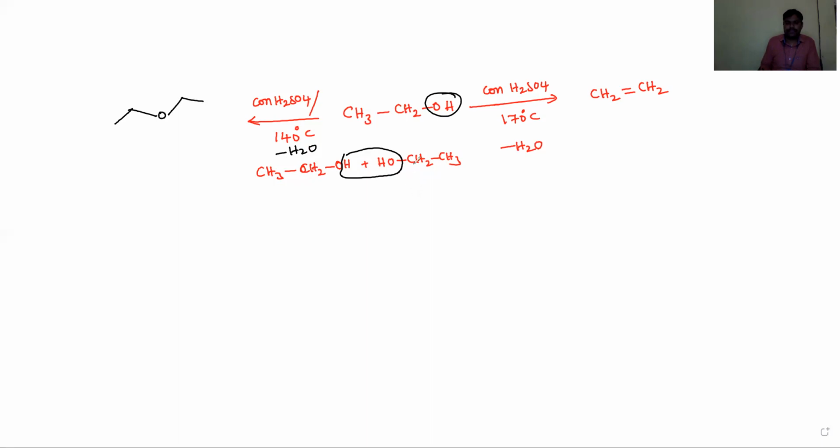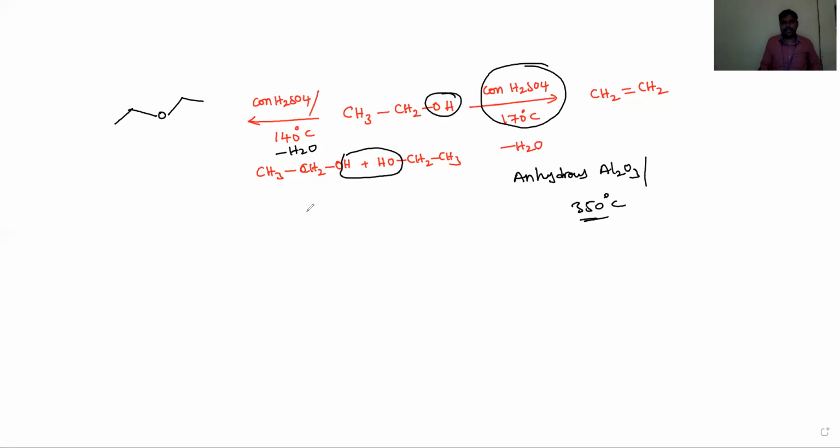In the same reaction, if you use anhydrous Al2O3 instead of concentrated H2SO4, Al2O3 at 350 degrees centigrade is required. Then the product is ethene.